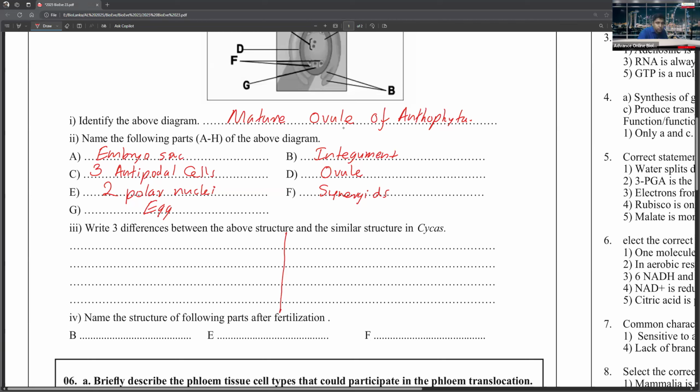Here, seven cells in embryo sac. Then no embryo sac in the ovule of Cycas. Right? What else are you going to write?